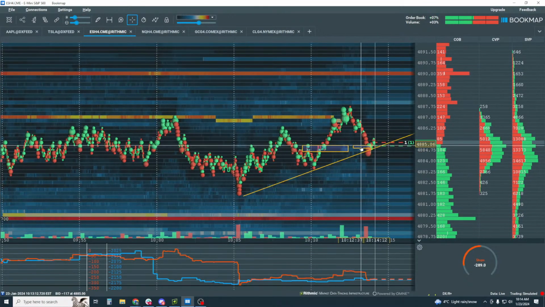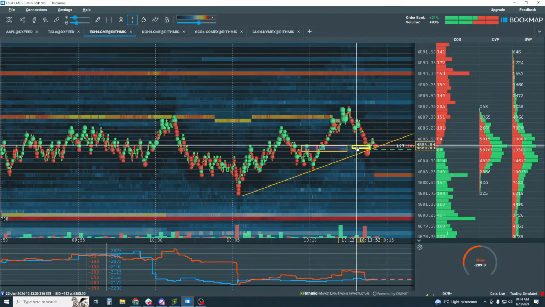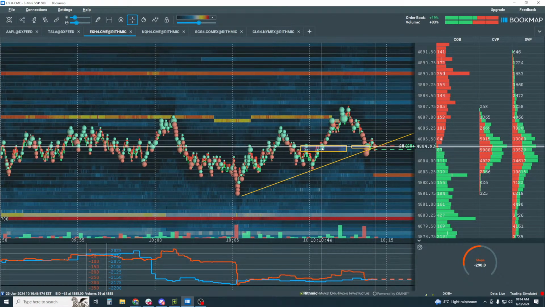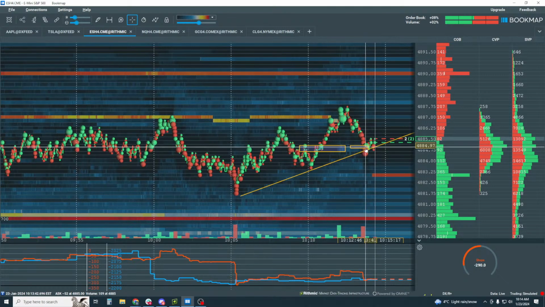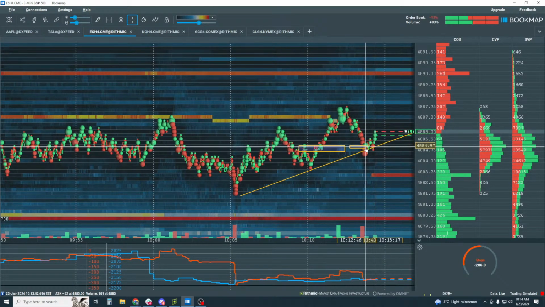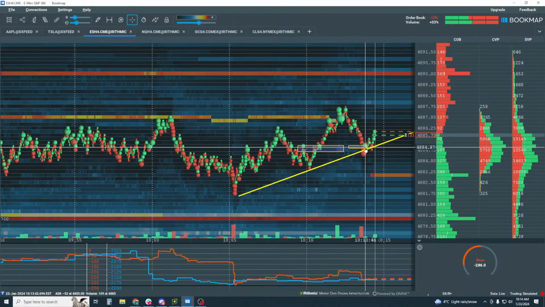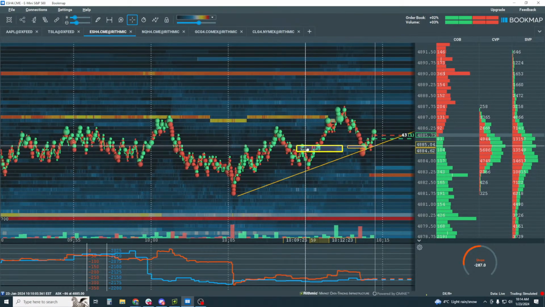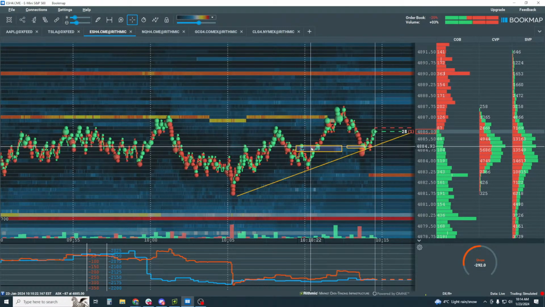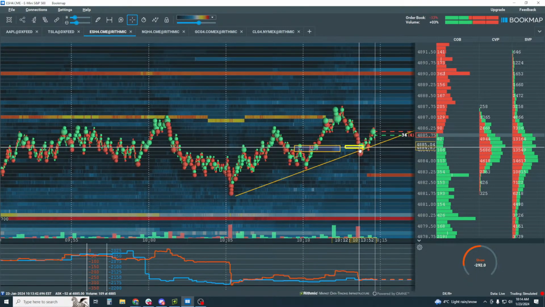Now, the reason that we're going to cover this is because this happens a lot in here. We'll get a retest to where this kind of broke out from many times. This is the scenario. Okay, and then we want to see if there's still demand in here, and if we still get buyers in here, because this is an important level on this small time frame. Okay, and that's what we want to determine and consider for our trade management.